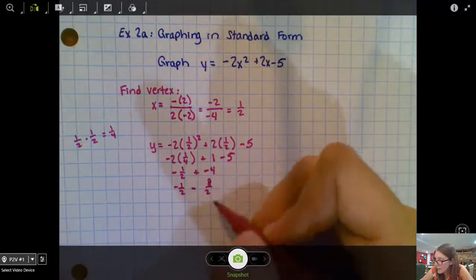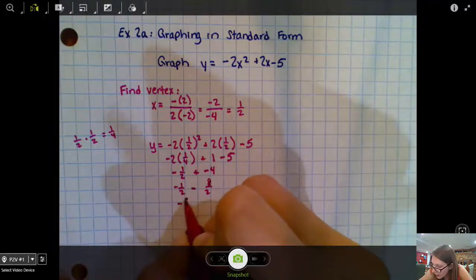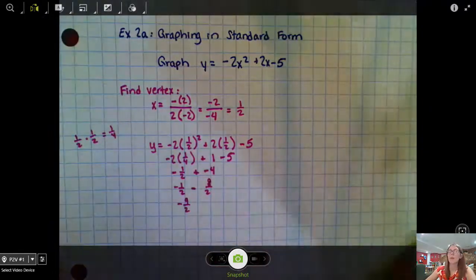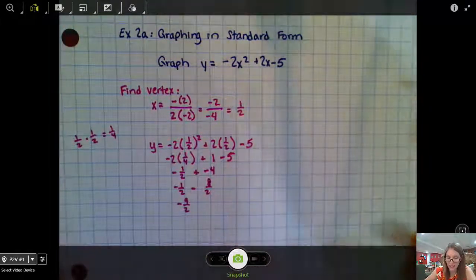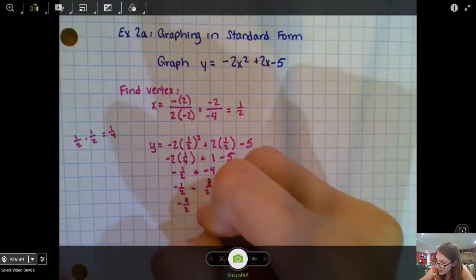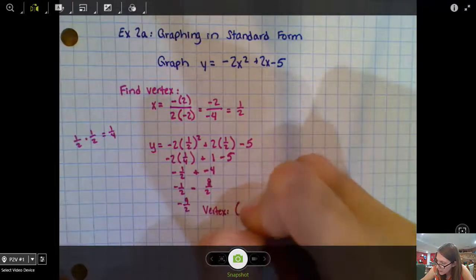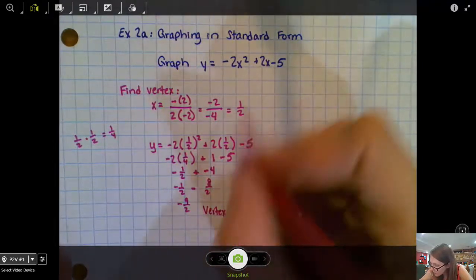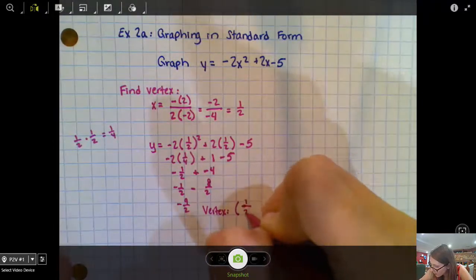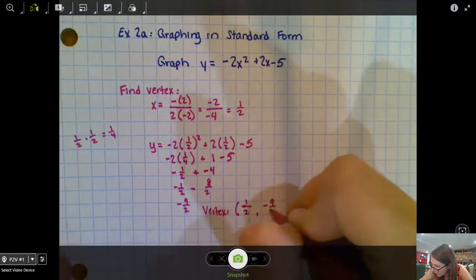Negative 1/2 minus 8/2 is negative 9/2. So my vertex, after all of this work, is positive 1/2, negative 9/2.